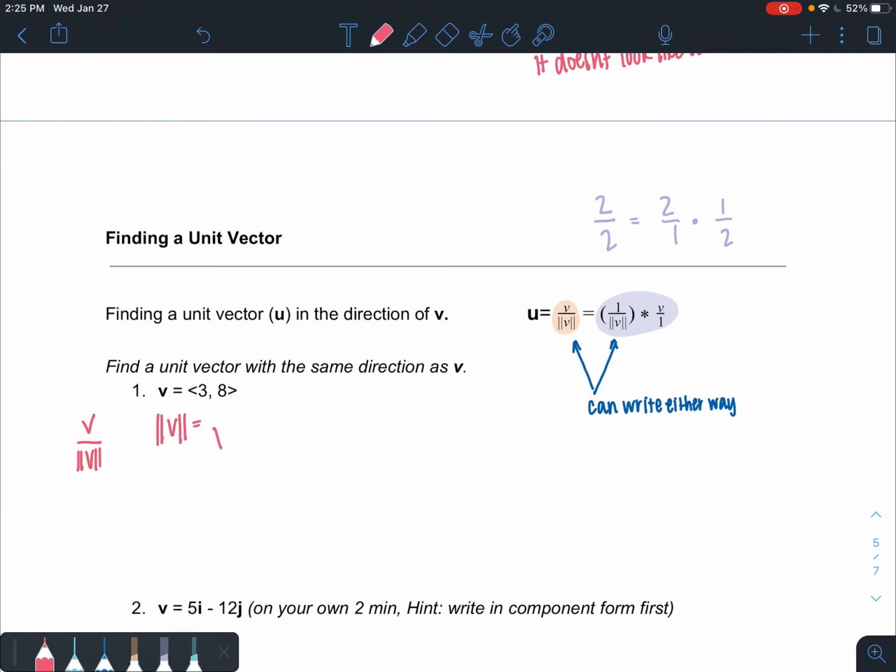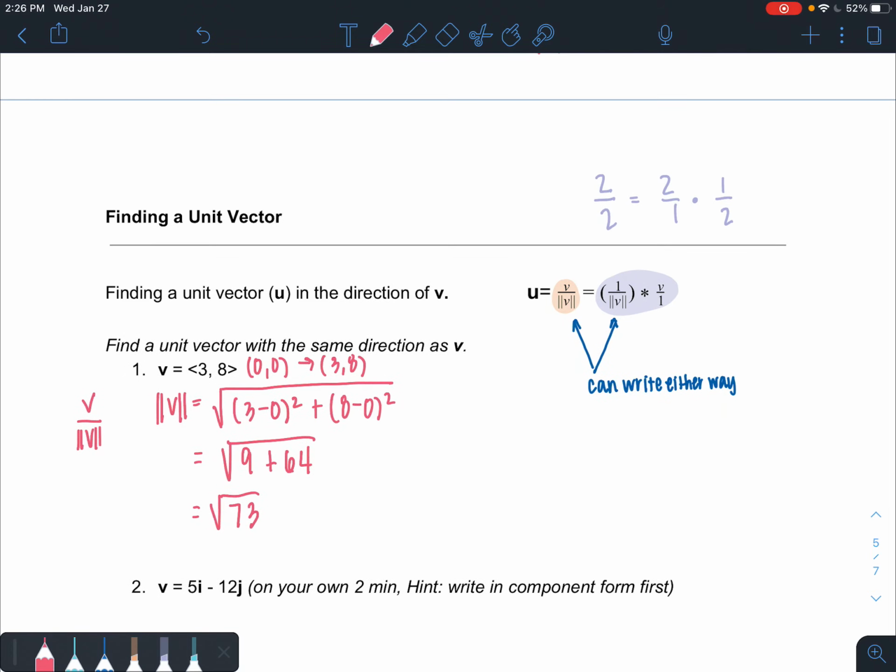So we do 3 minus 0 squared plus 8 minus 0 squared, because the initial point is 0, 0 and the terminating point is 3, 8. It is kind of redundant, but I'm just showing that step. So 3 squared is 9, plus 64, is the square root of 73. We'll just leave it exact.